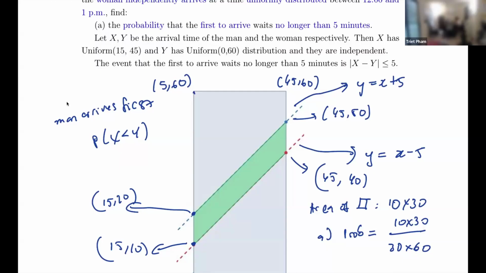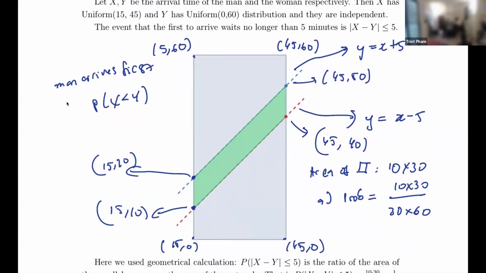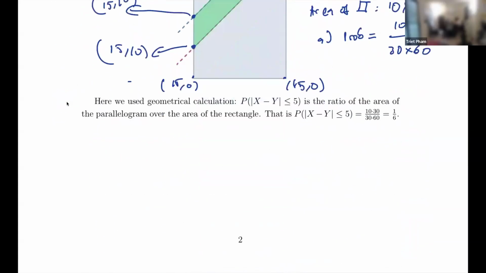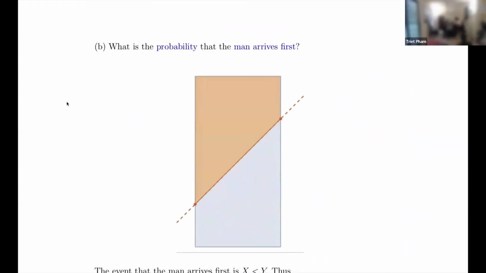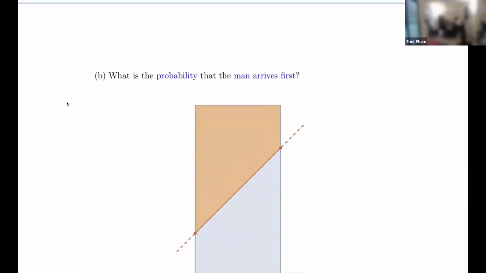So we simply have to draw the line x equals y somewhere here. I have a spare picture right here. Be careful, the region doesn't always have to be symmetric. So here is the line x equals y. Of course, this is 15, 15.